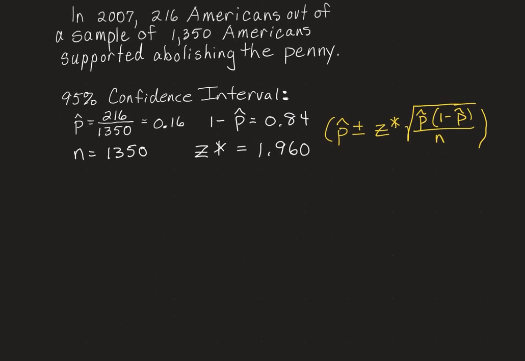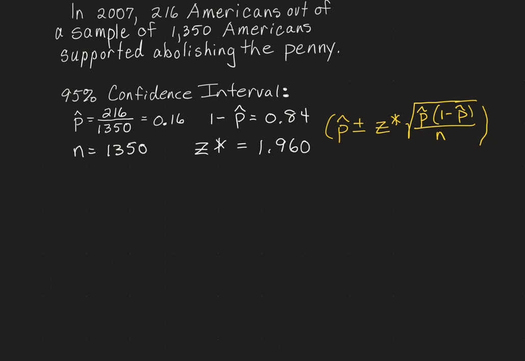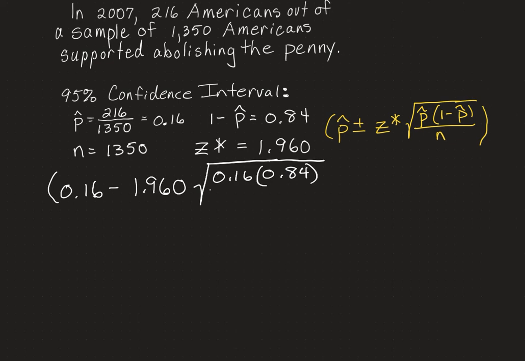For the values we have, this means that we will have a lower bound of p hat, 0.16, minus 1.960, our z star value, times the square root of p hat, which is 0.16, times 1 minus p hat, which is 0.84, divided by the number in our sample.